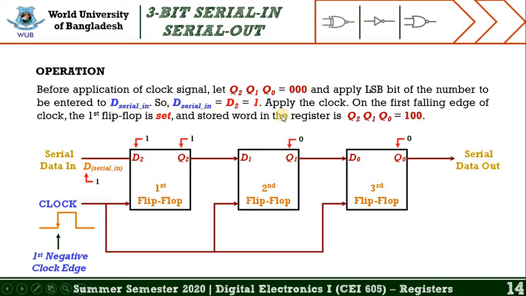When the first negative clock edge is applied, the value of Q2 becomes 1, but Q1 and Q0 remain the same as before. So let's move into the next slide to explore what will happen when the next negative clock edge is applied.